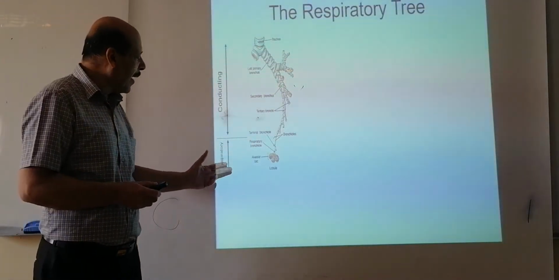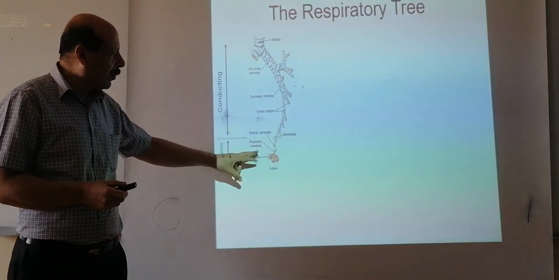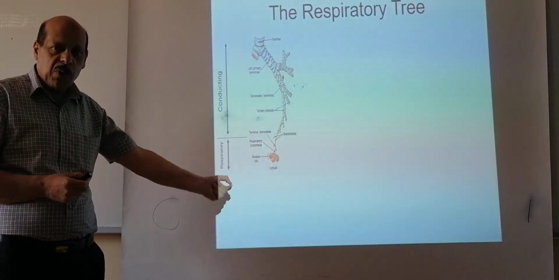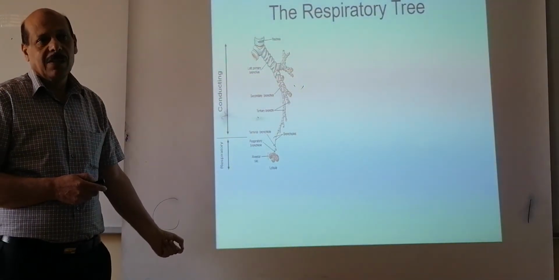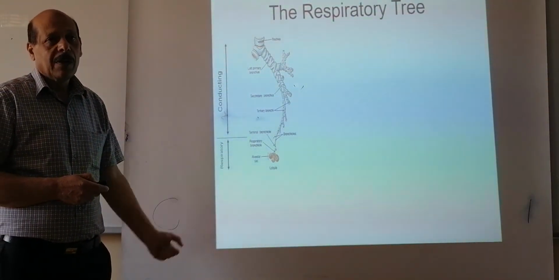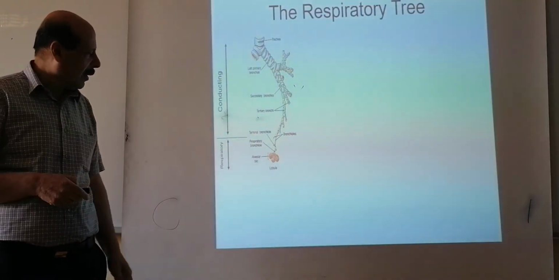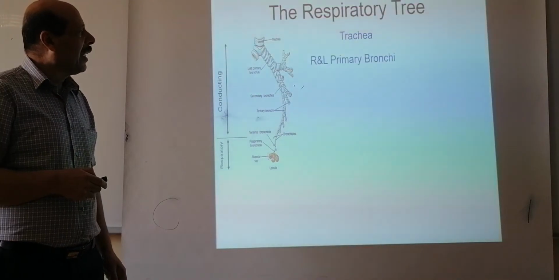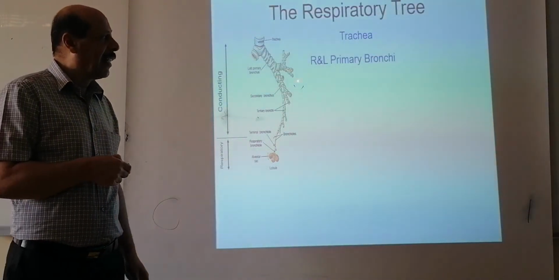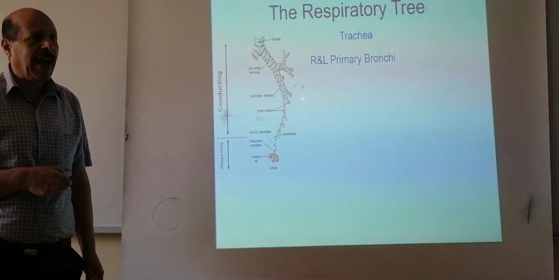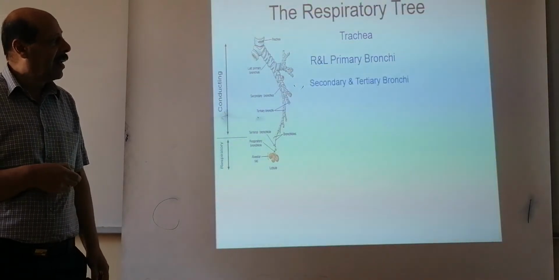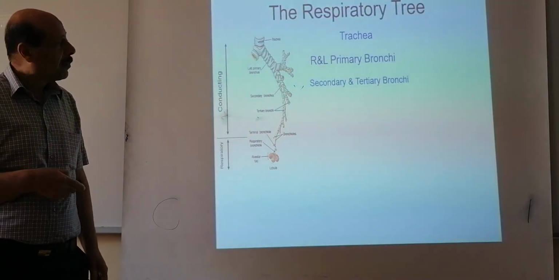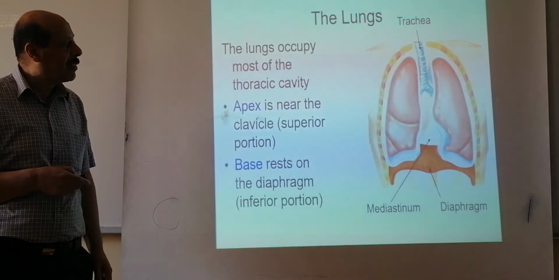Then here is the respiratory part, which contains the small bronchioles and the alveoli, so it is called the respiratory part. So this is the trachea, the right and left primary bronchi, then secondary and tertiary bronchi.